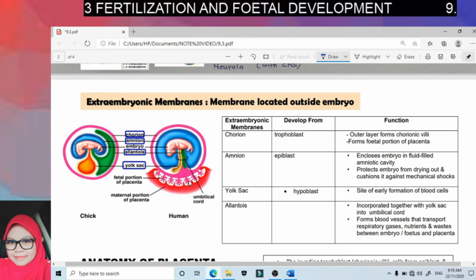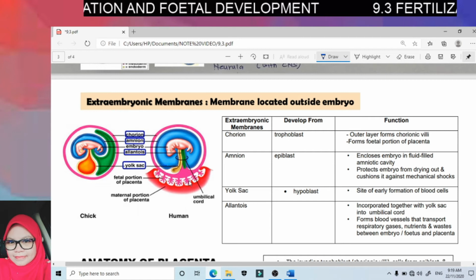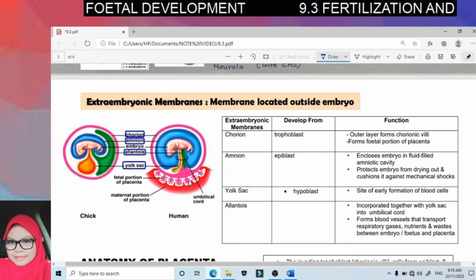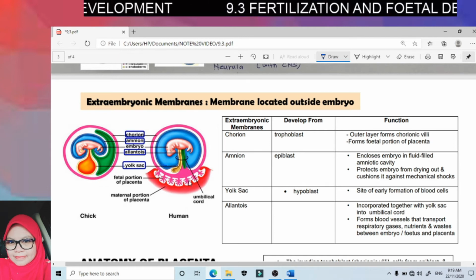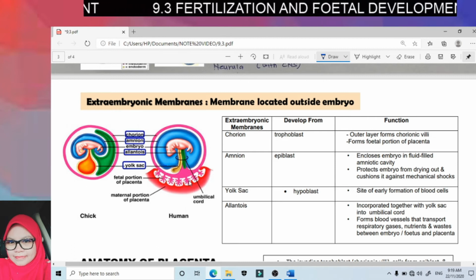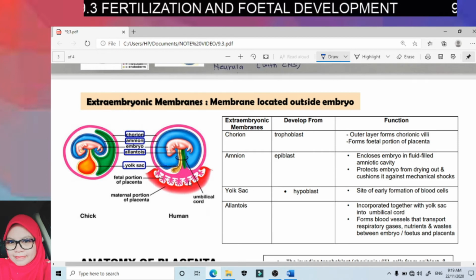And then the second layer, the blue color, is referred to as the amnion. The amnion is developed from the epiblast, which is part of the inner cell mass. This amnion will enclose the embryo in a fluid-filled amniotic cavity.